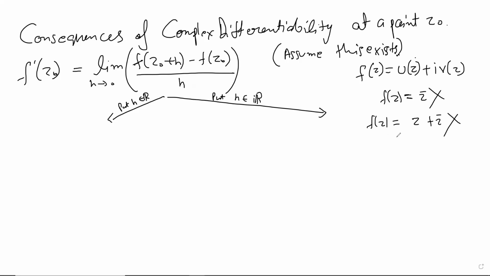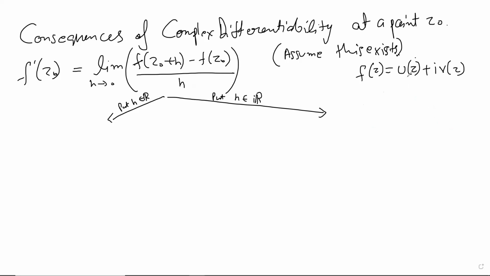It's trying to capture some sort of physical motion and such. We'll make these things more precise later on. Functions which have two independent components are not good; they will not be complex differentiable. So basically, u and v will be related in complex differentiability. That's the intuition. But we will make it precise today, in a different way from what we have already done.